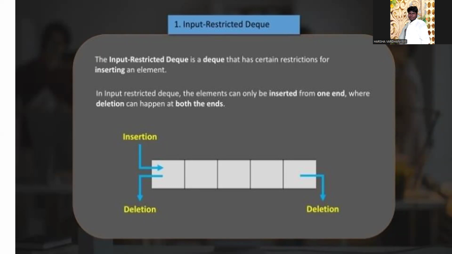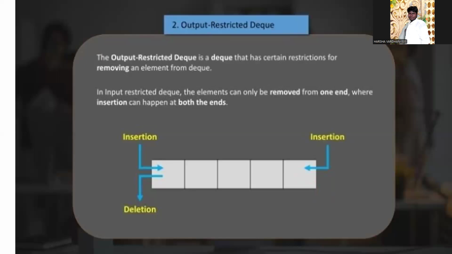The elements can only be inserted from one end, whereas deletion can be done at both ends. Deletion can be done at both ends of the deque, but insertion can be done at only one end.